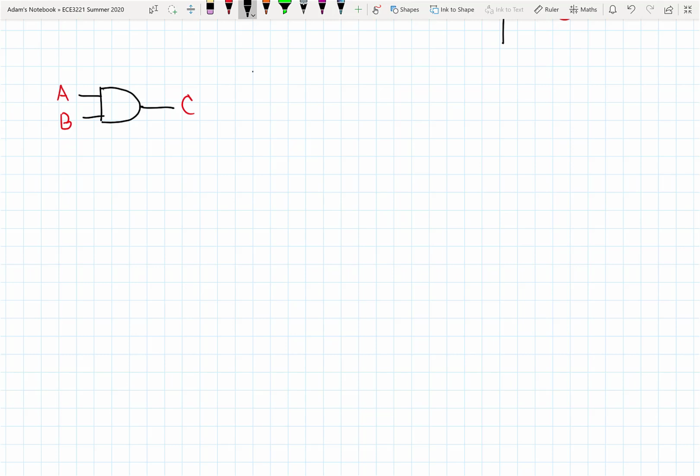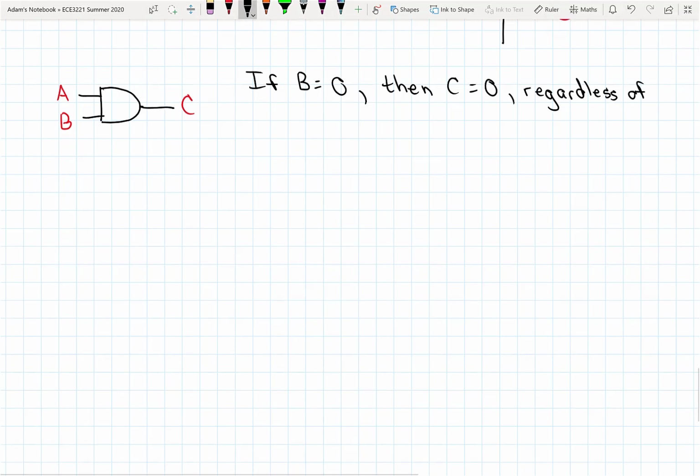It's really the same, but I just want you to frame the way you think about this a little differently. If B is 0, then we immediately know that C must be 0, right? Because if any one of the inputs is 0, the output has to be 0. And this is going to be the case regardless of the state of A.